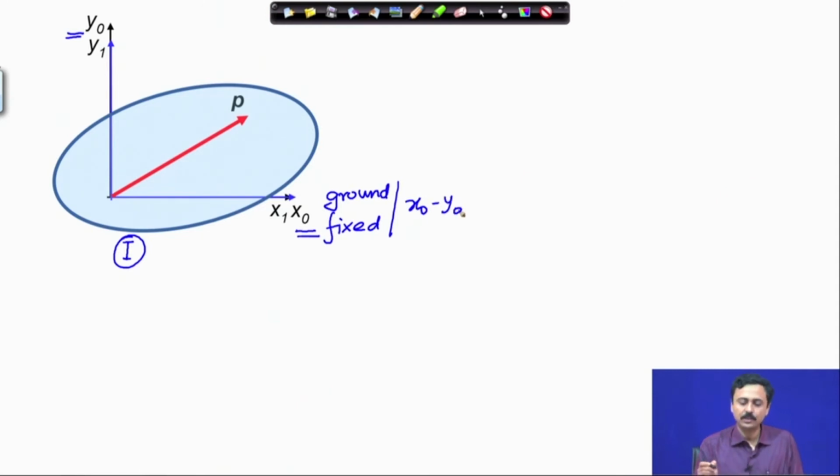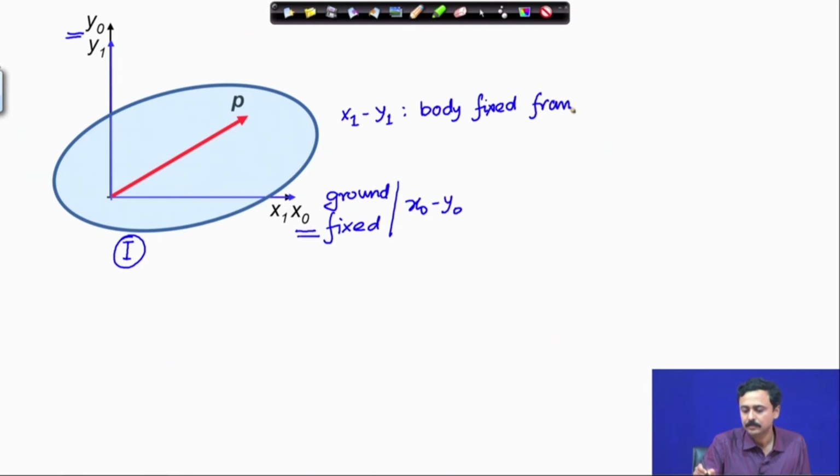The x 0 y 0 frame is ground fixed, whereas the frame x 1 y 1 is body fixed. So, the frame x 1 y 1 is body fixed and x 0 y 0 is ground fixed.